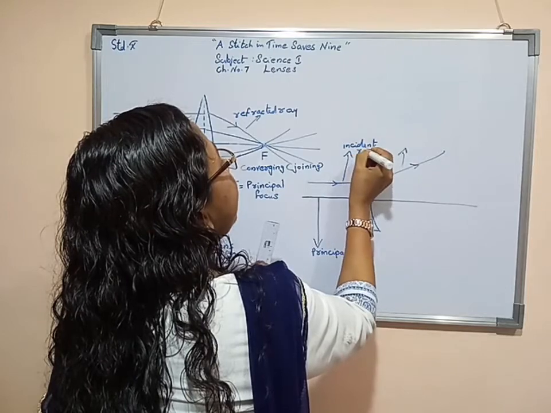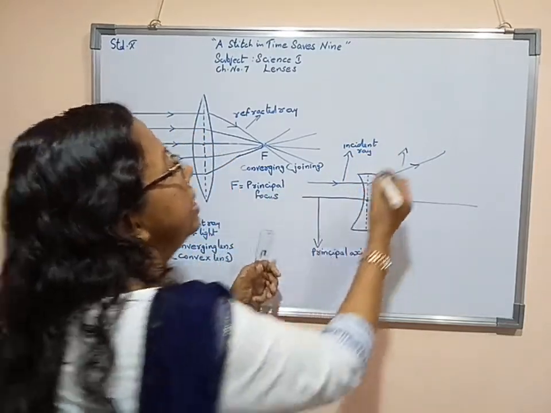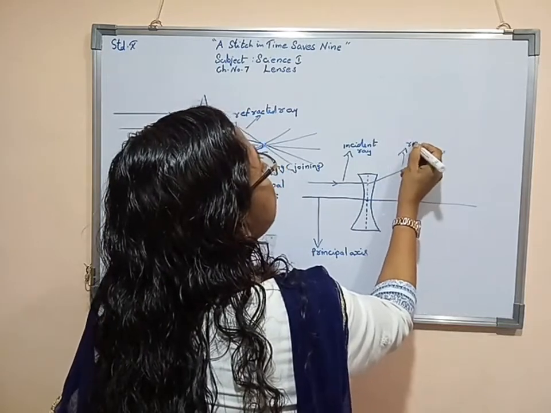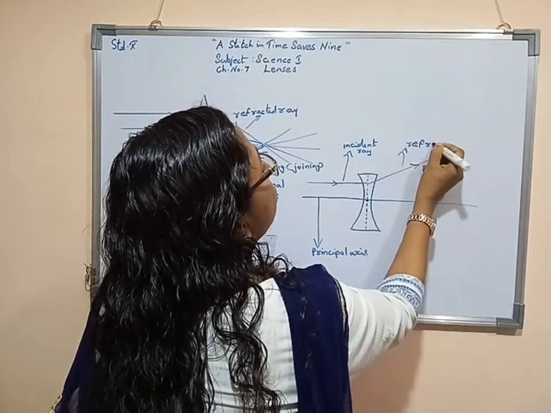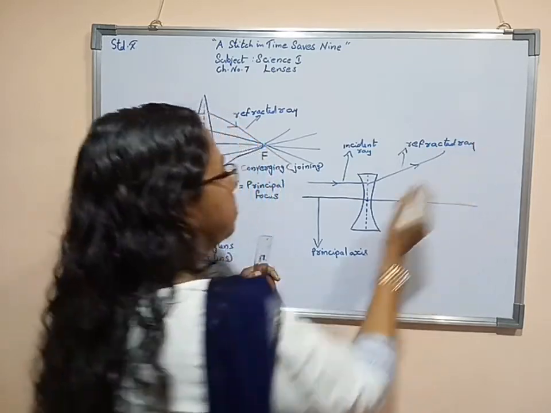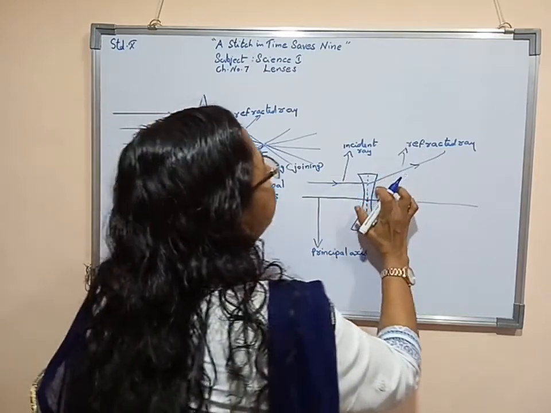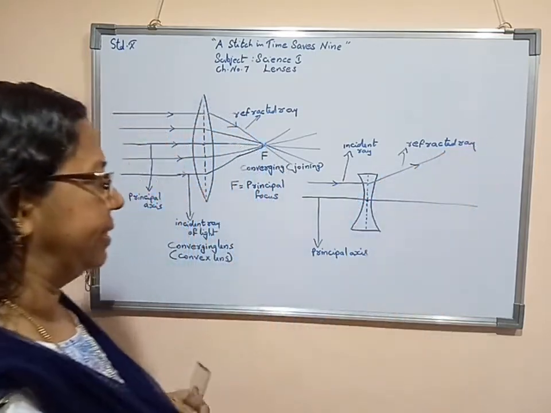Incident ray means the ray which is going towards the lens. Refracted ray means the ray which is going away from the lens. This ray is going towards the lens, and this ray is going away from the lens.